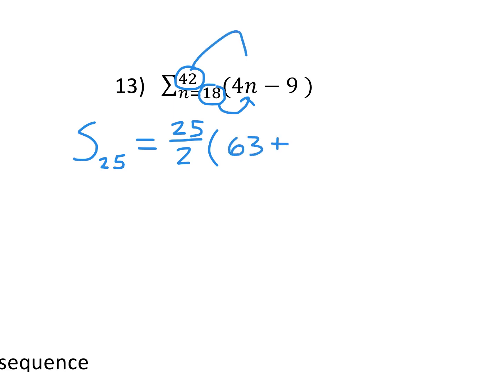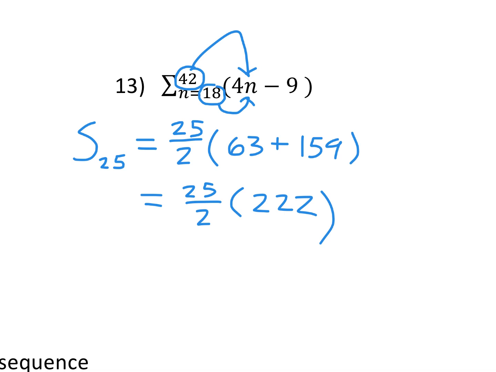If you plug in 42, you get 168 minus 9, 159. All right, so this is 25 over 2 times, looks like, 222.